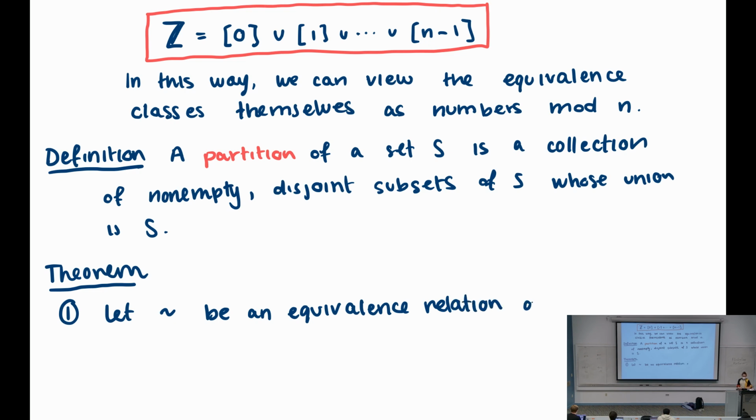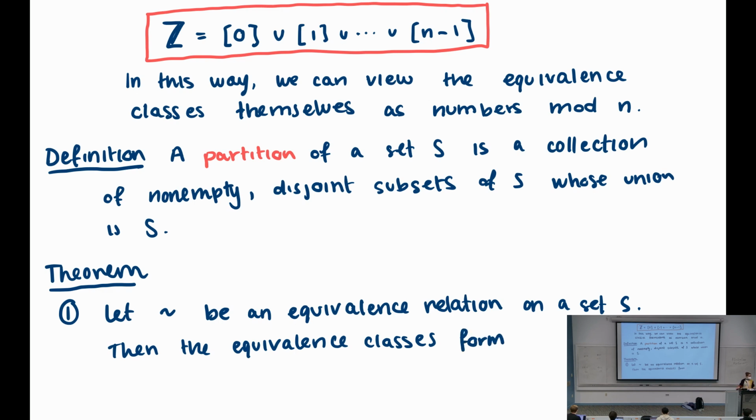So we have an equivalence relation on a set S. Then the equivalence classes form a partition of S.